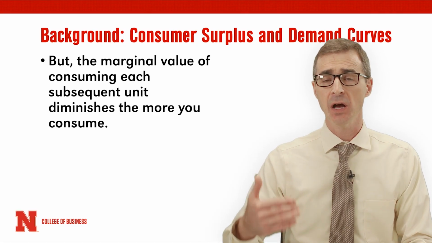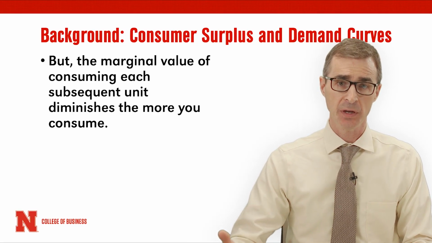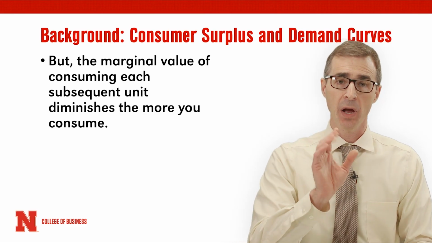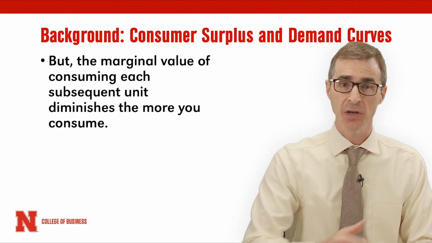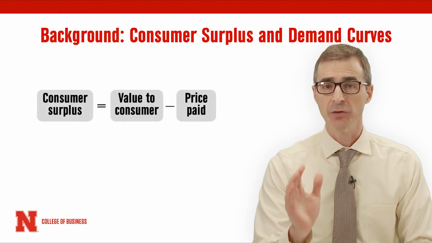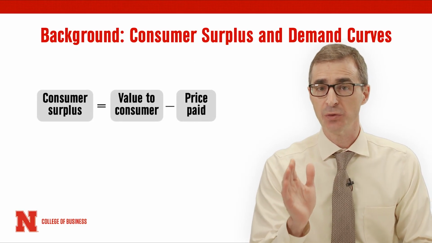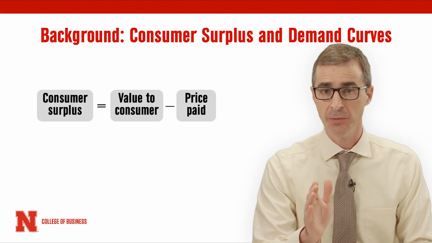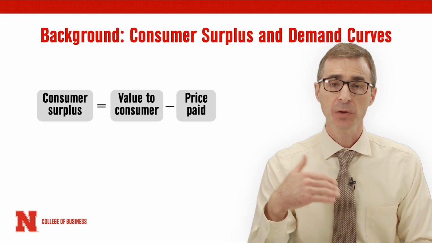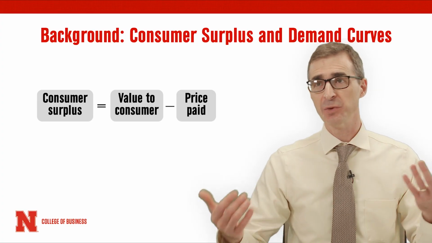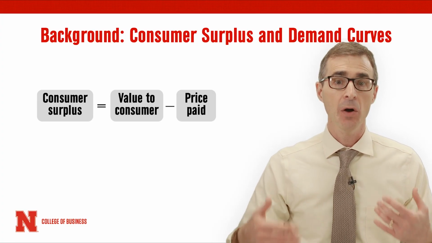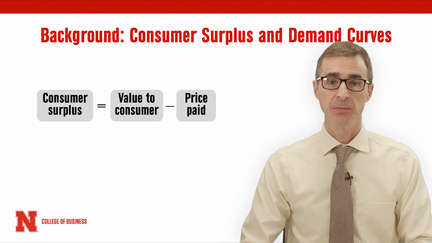This is the idea of diminishing marginal utility, that each subsequent unit gives me less and less incremental or marginal value. We'll define a term, consumer surplus, to be equal to the value of an item to the consumer minus the price they have to pay. You could think of the consumer surplus as being roughly an intuitive measure of how good a deal I'm getting on this particular unit.